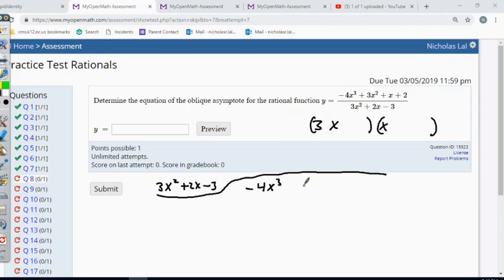Negative 4x over 3 plus 3x squared plus x plus 2.